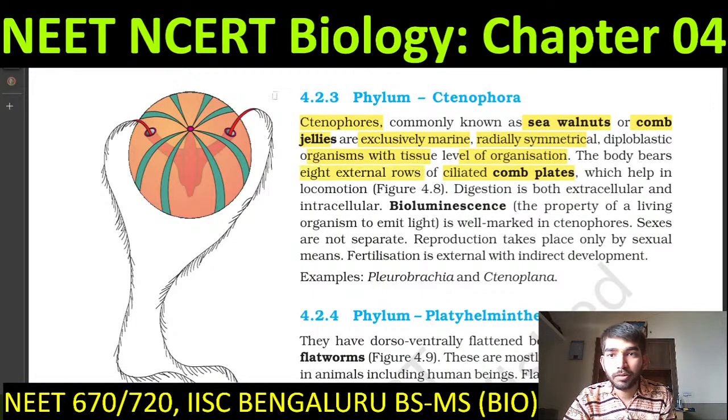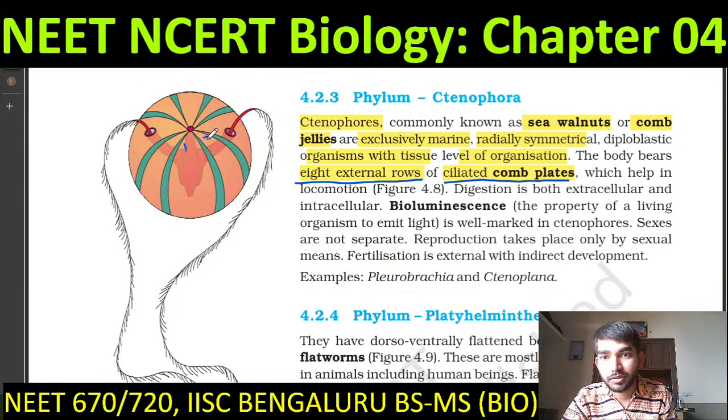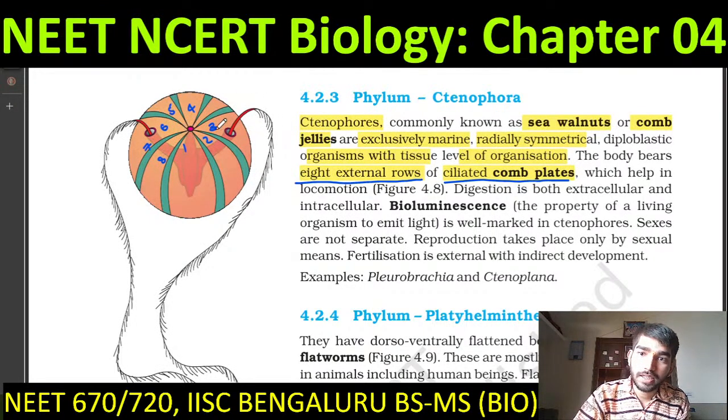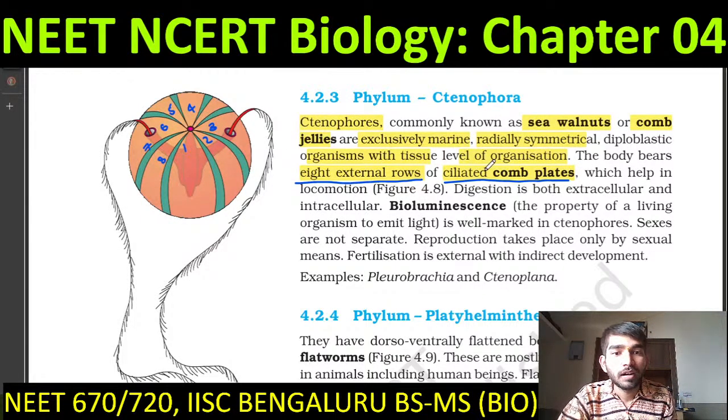This is again an important characteristic of this phylum. You can see here 1, 2, the third, fourth, fifth, sixth, seventh, eighth. These 8 comb plates are seen on the external body of this organism, which help in locomotion.